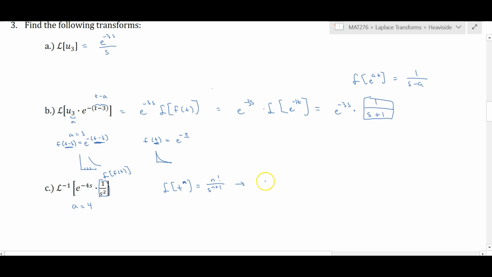And the reason I'm saying that is because this 1 over s squared would actually be the Laplace of t to the first, because then we would just get 1 factorial, which is 1, over s to the 1 plus 1, which is s squared.